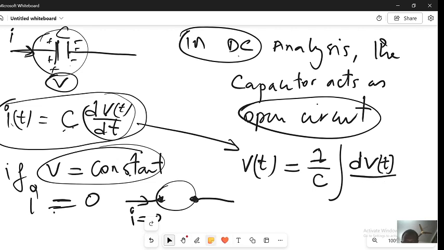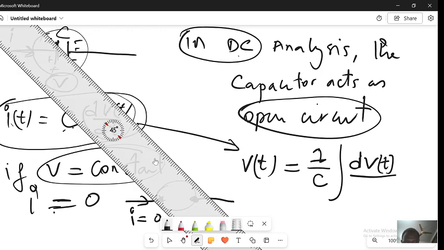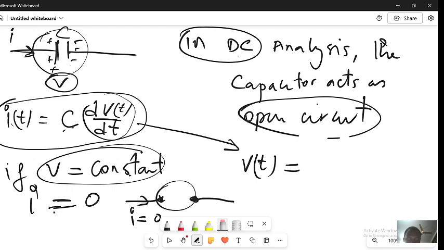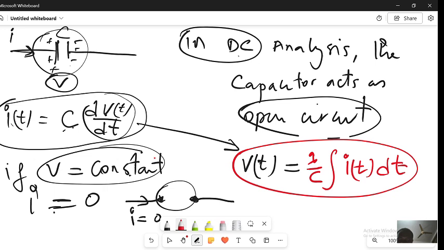It's going to be V equal 1 by C. Why? Because I want to find V, so I have dV equal i multiplied by dt divided by C. So I'll have 1 by C integration of i(t) dt. This is the formula that we are going to use.